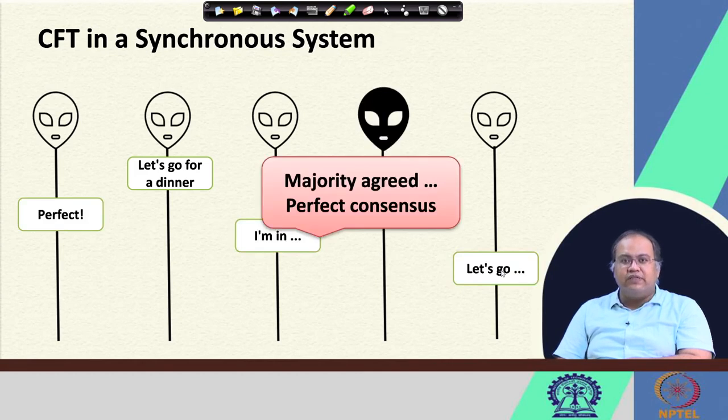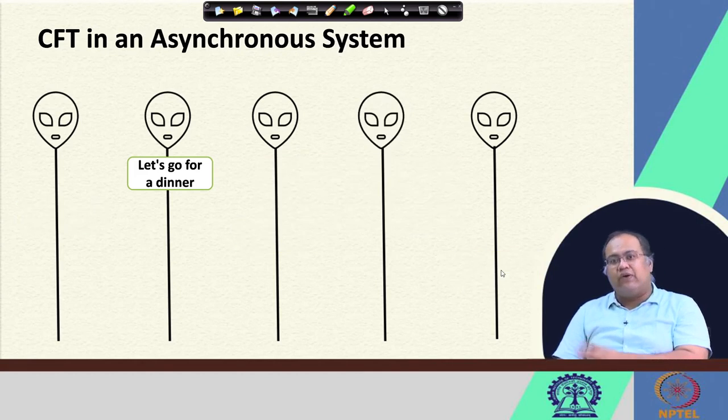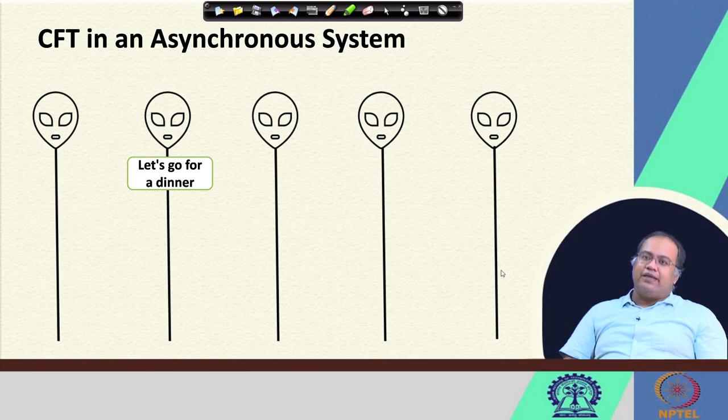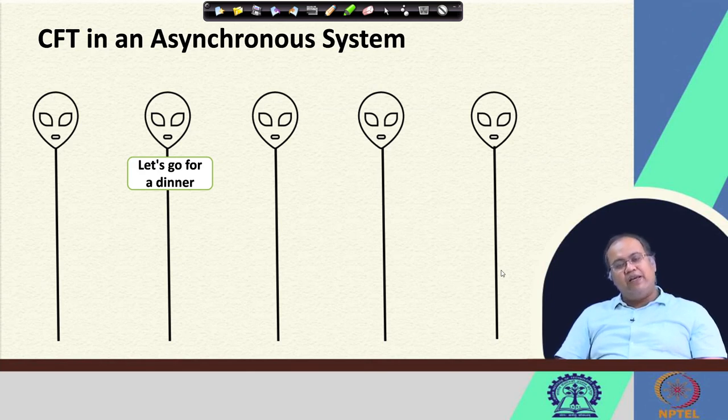Now think about an asynchronous system. In an asynchronous system, messages might get delayed, so one of your friends is waiting for your message and is not able to get it. Say you have sent an SMS and that SMS got delayed.